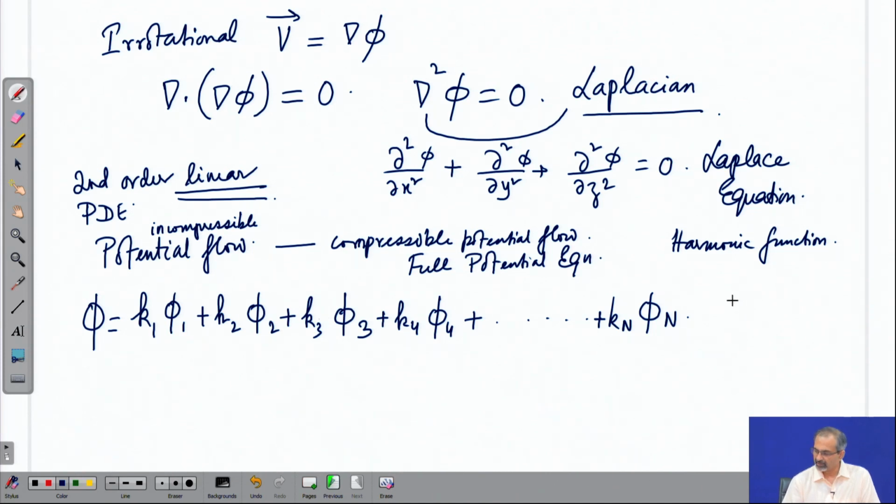You can look at it in your spare time as homework, how this is possible. You just have to substitute this form into the Laplace equation and see whether it is satisfied or not.